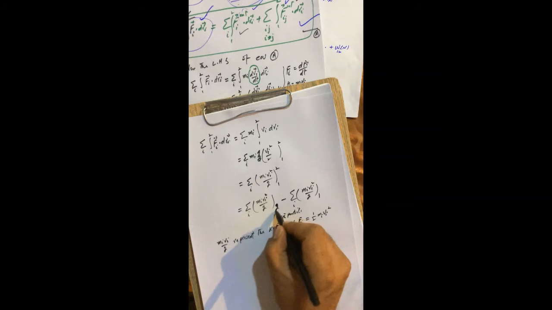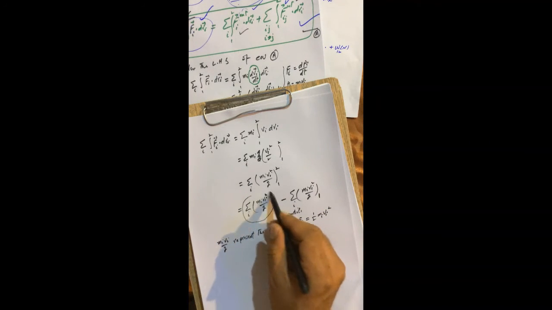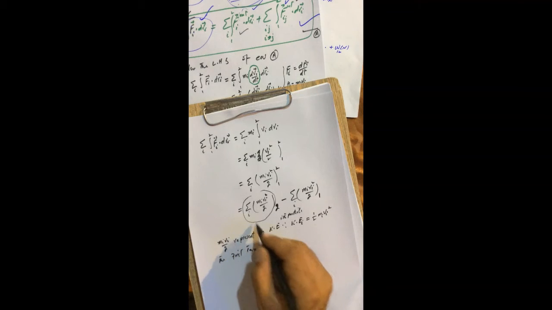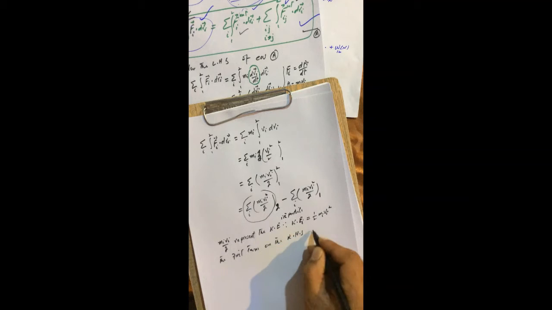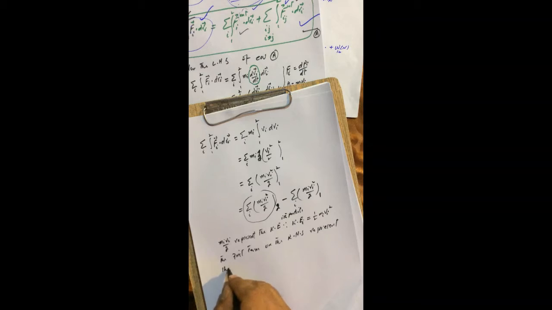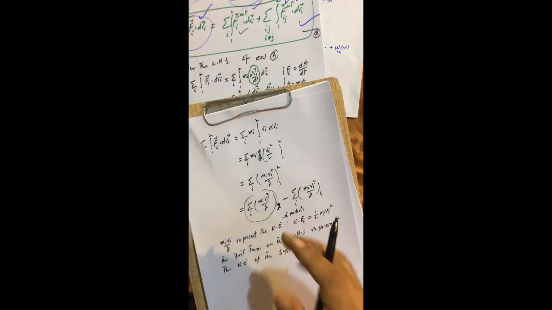Here we have this 2 and this 1. So the first term on the right hand side represents the kinetic energy of the system, not of the ith particle. It is the kinetic energy of the system at position 2, because we have two positions.